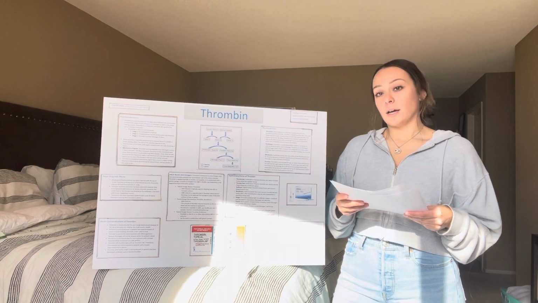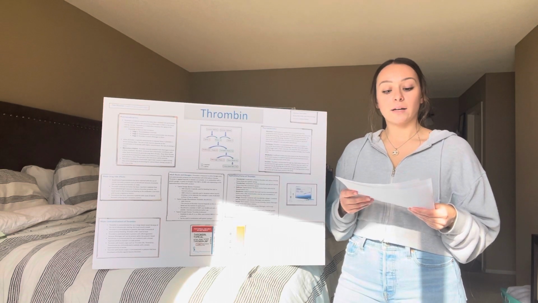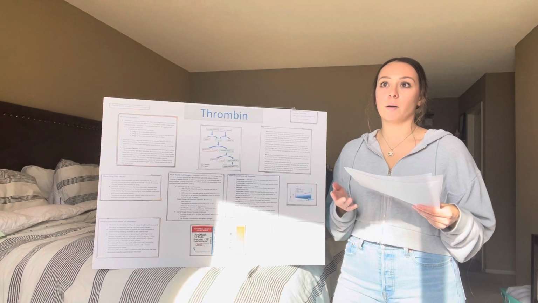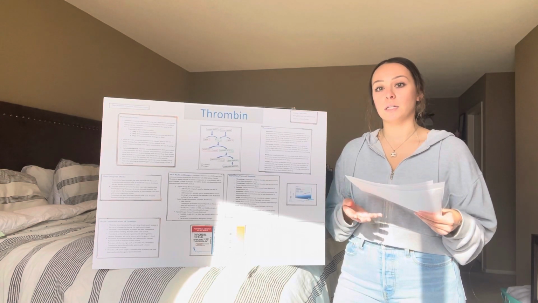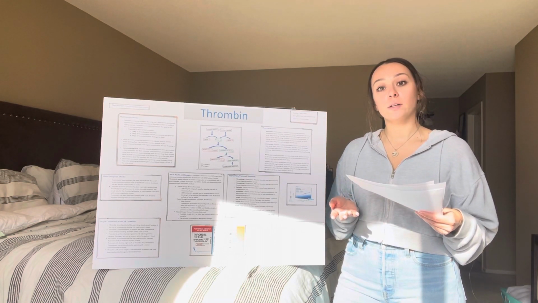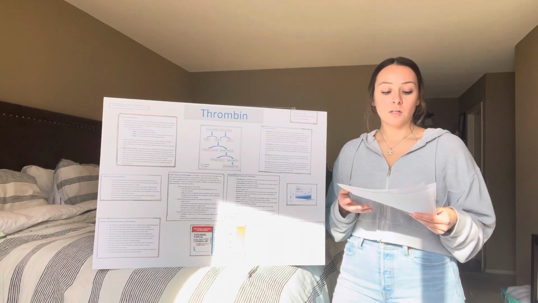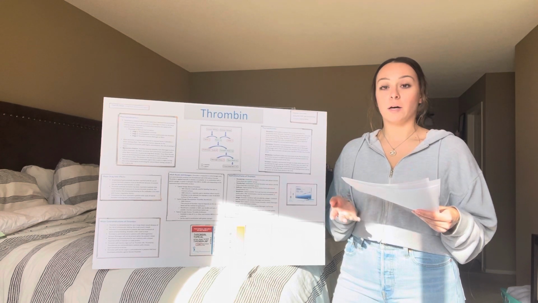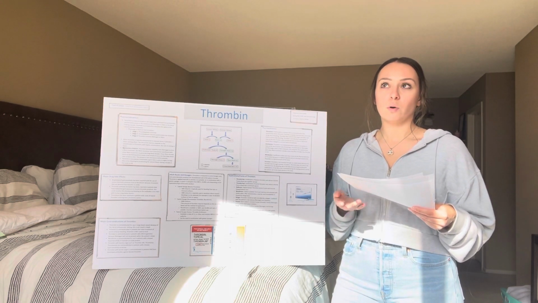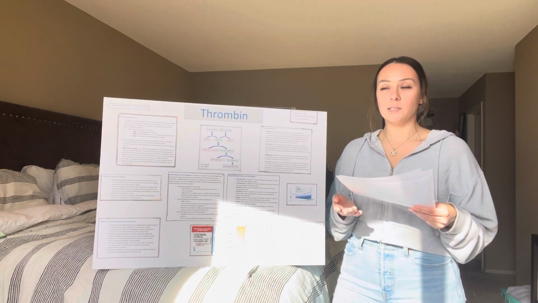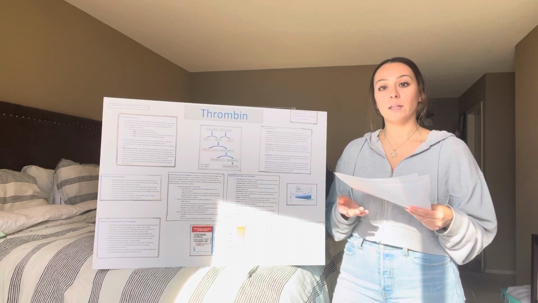So some of the major side effects of thrombin. Anaphylaxis and hypersensitivity are more of a risk with the thrombin products that contain animal proteins, such as Recothromb, for example. Recothromb contains hamster or snake protein. A second side effect would be antibody formation. This is due to prolonged exposure of thrombin in some patients, and it's been reported with bovine thrombin.